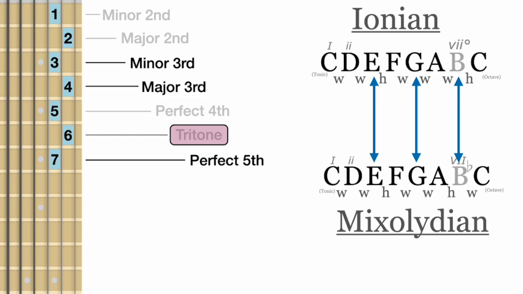Here, when we move from G to B in Ionian versus G to B flat in Mixolydian, we have a difference, right? Something's changed. Well, G to A is still a whole step in both of them, so no problem there. But A to B in Ionian is a whole step, whereas A to B flat in Mixolydian is a half step.